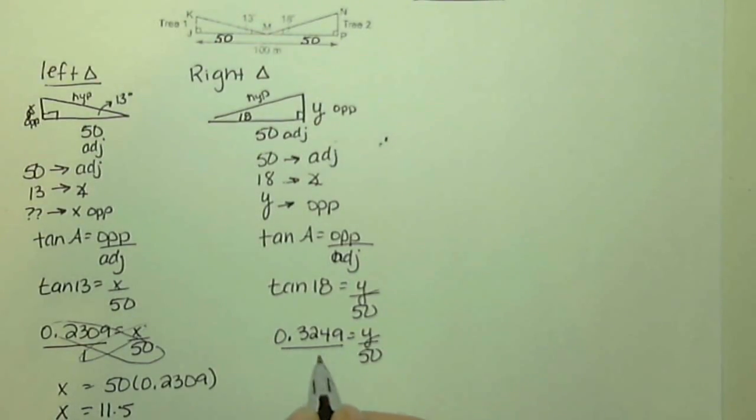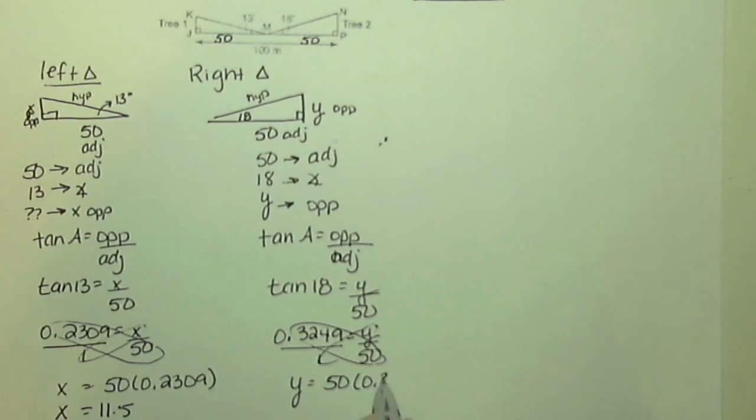Using our trick, we put that over 1 and we cross multiply. These two together equal these two together. So y is equal to 50 times 0.3249. And again, our answer is supposed to be to a tenth, so one decimal place, we get 16.2.